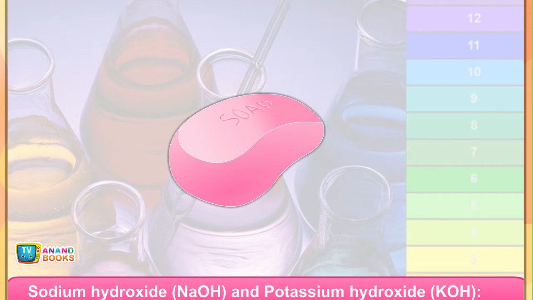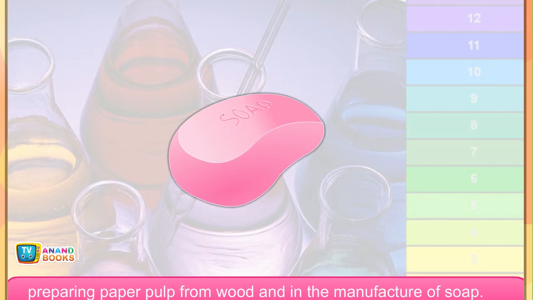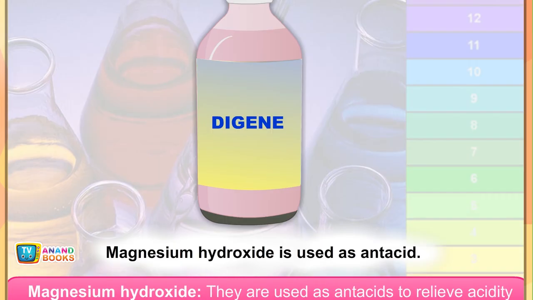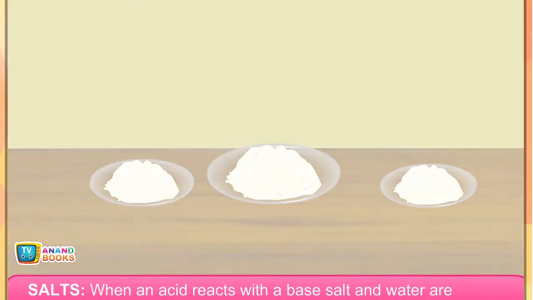Sodium hydroxide, NaOH, and potassium hydroxide, KOH, are used in medicines, in the manufacture of artificial fibers, in preparing paper pulp from wood, and in the manufacture of soap. Magnesium hydroxide is used as an antacid to relieve acidity in stomach. Salts.